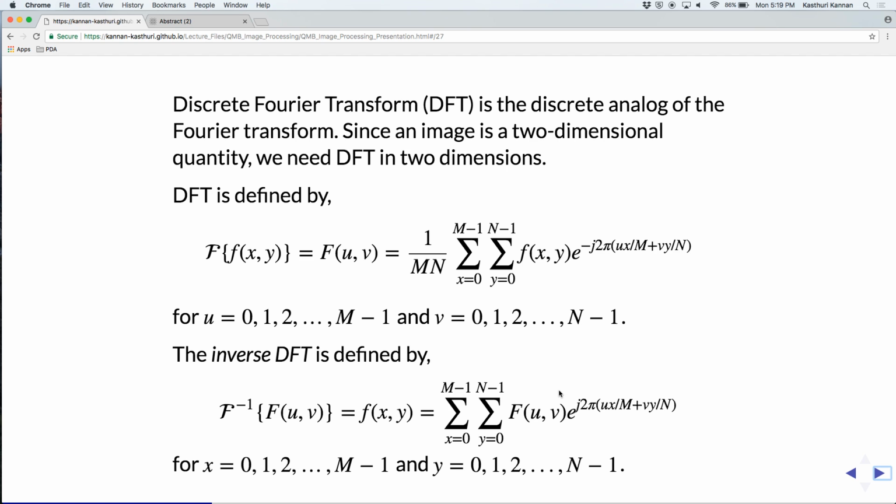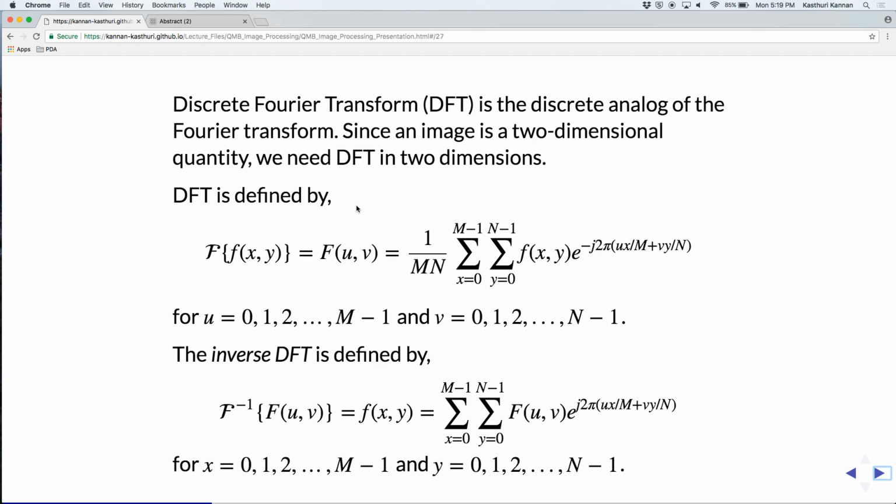As such, the Fourier transform is a continuous transformation. You have a continuous function, but in general the things we see in a computer are discretized. It's made up of bits, zeros and ones, so it's discrete. The discrete Fourier transform is a discrete analog of the Fourier transform, and an image is a two-dimensional quantity, so we need the discrete Fourier transform in 2 dimensions.